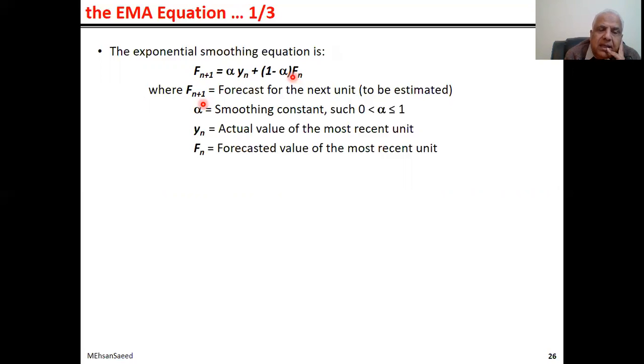It means that if we, for example, give a weightage of 70% to the previous actual, then its complementary is 30%, and that is the weightage that is given to the previous forecast. It is as simple as that. Alpha could be anything. It shouldn't be 0, it shouldn't be 1, it should be something in between. It shouldn't be 0%, it shouldn't be 100%, it should be something in between.